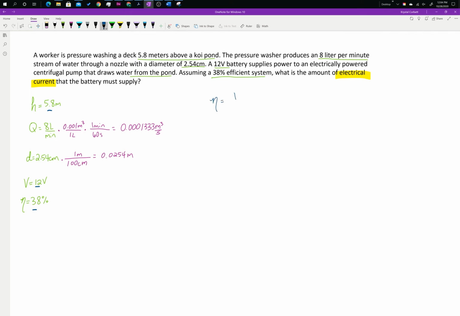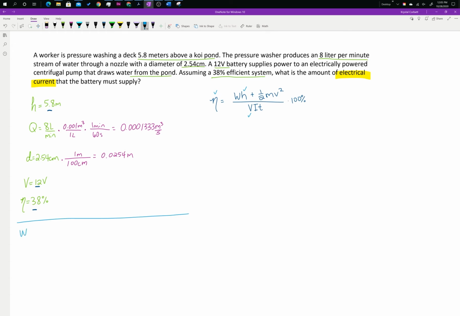Efficiency is equal to weight times height plus 1/2 mass times velocity squared over voltage times current times time times 100%. Looking at this expression, we can identify the things that we have. We have efficiency, we have pump head, we have voltage. The other components we don't necessarily have, but we have information in order to find them.